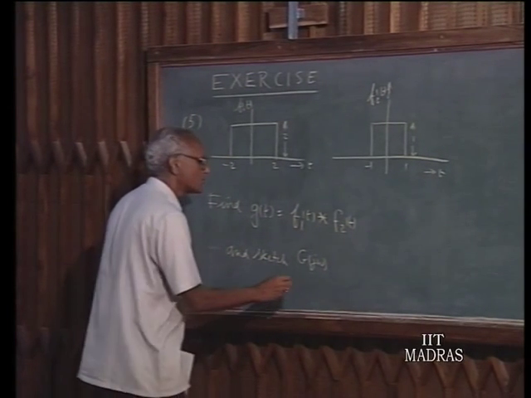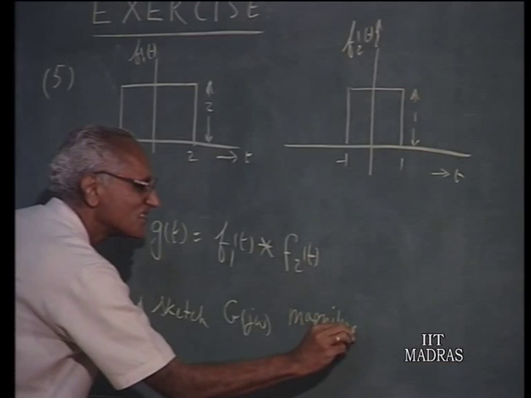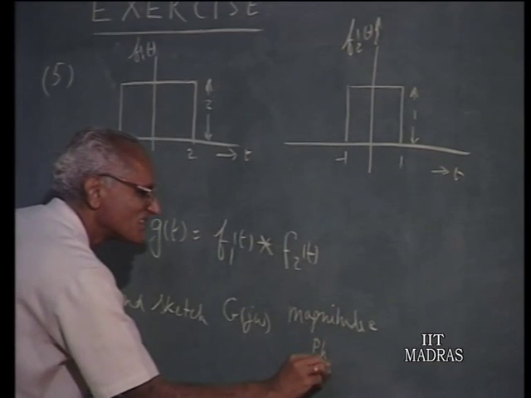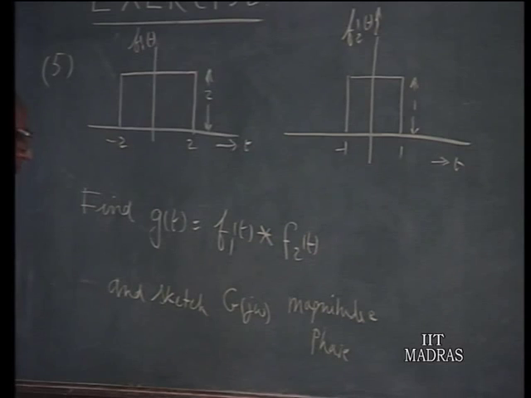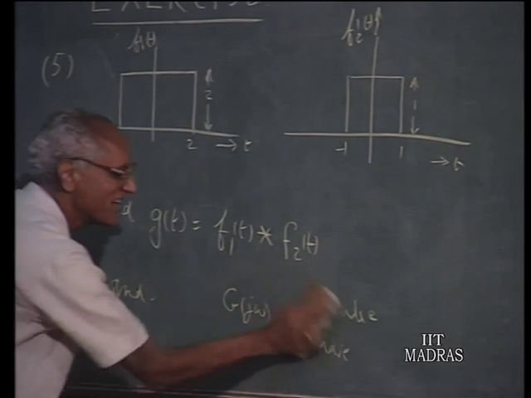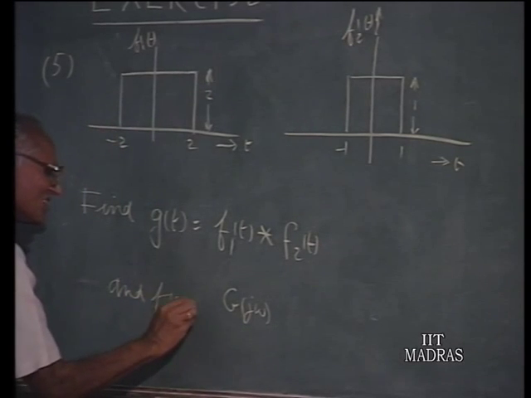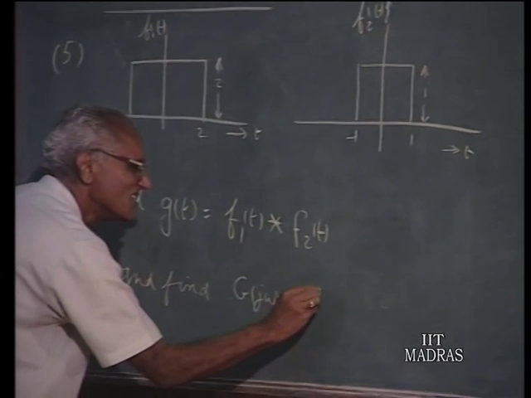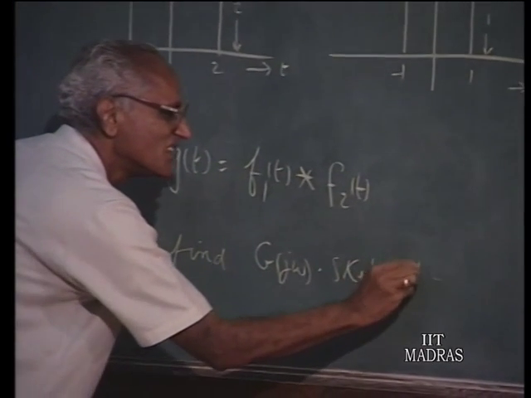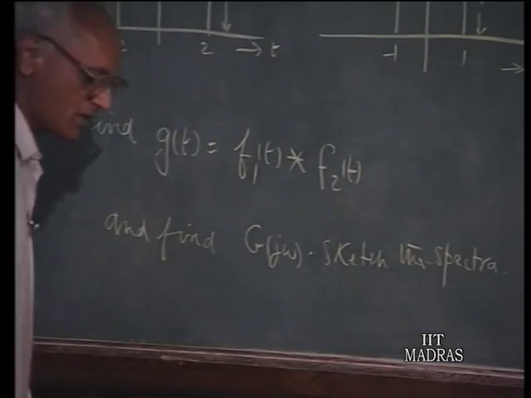Sketch the spectra of g of j omega, that means magnitude and phase.